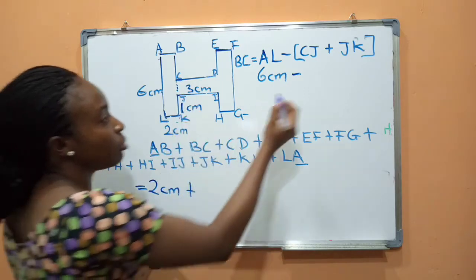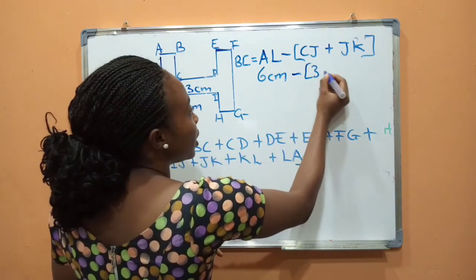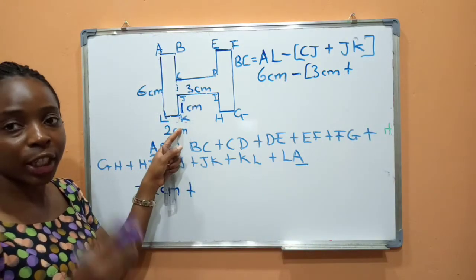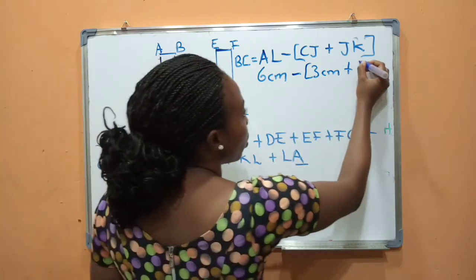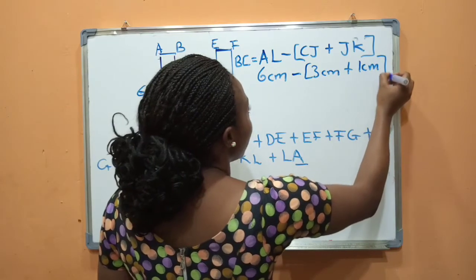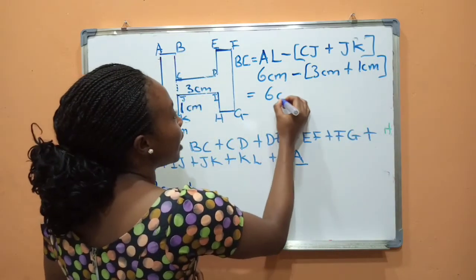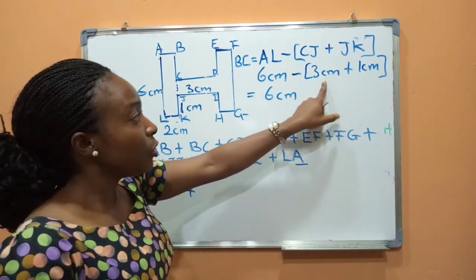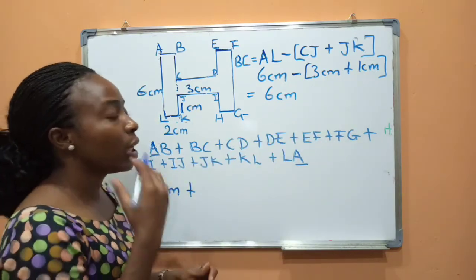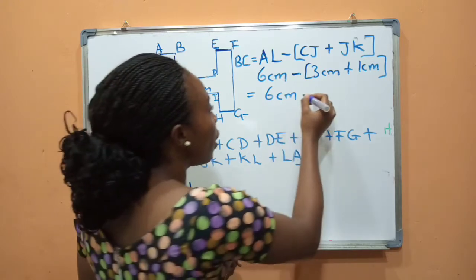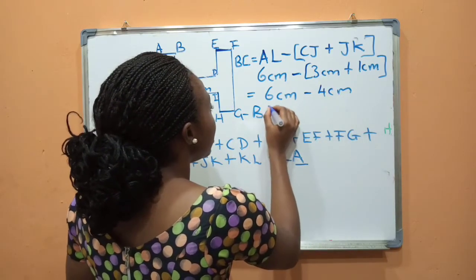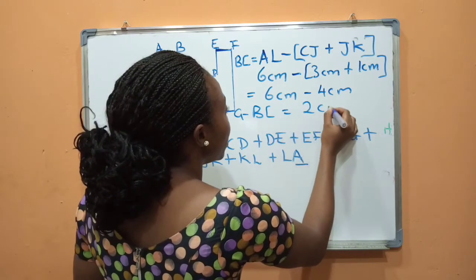CJ is 3 centimeter. So we are going to have 3 centimeter plus, what do we have as JK? JK is 1 centimeter. So we are going to write 1 centimeter. So we have 6 centimeter. Now, let's sum up what is in the brackets. 3 centimeter plus 1 centimeter gives you 4 centimeter. So we have minus 4 centimeter. So BC will be equal to 2 centimeter.